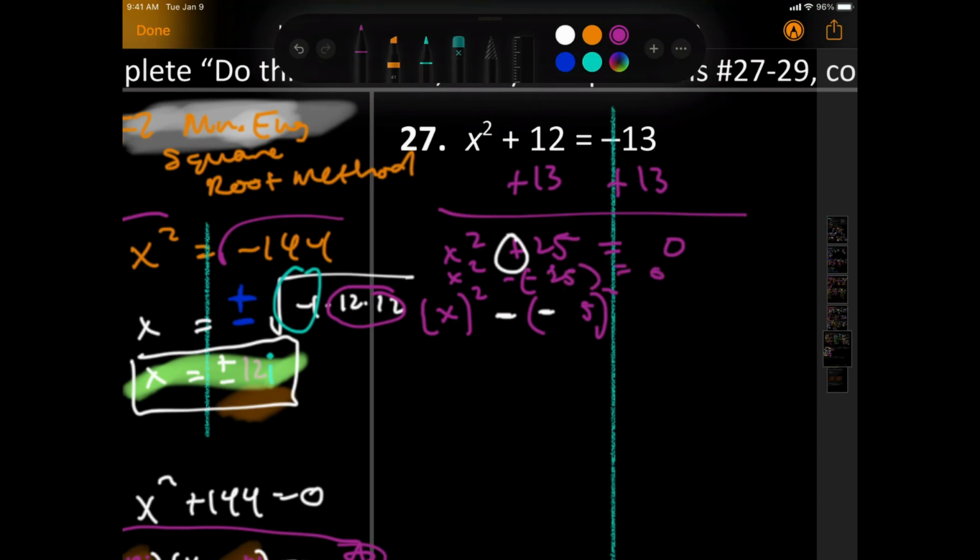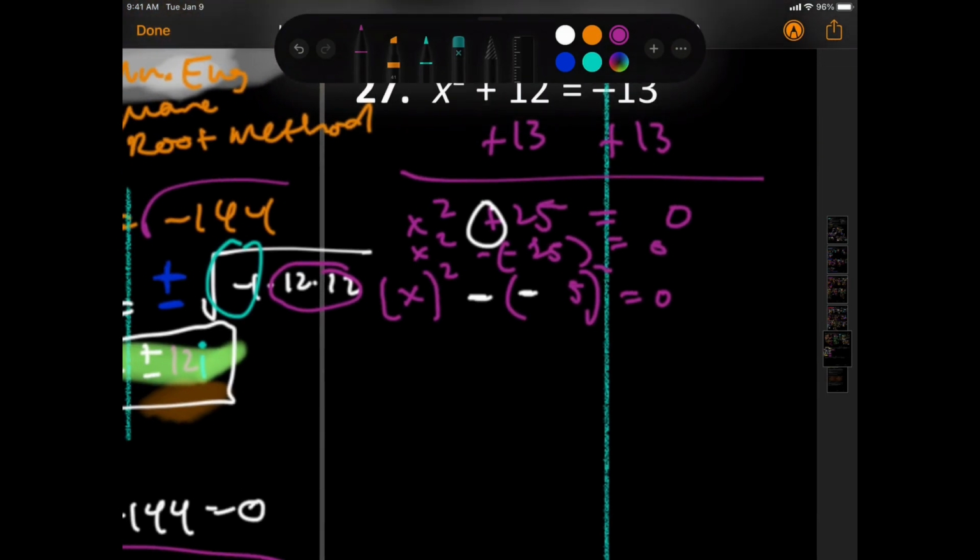And then we have to kind of take the square root of both x squared and 25, which gives you the negative 5. And I forgot the i.